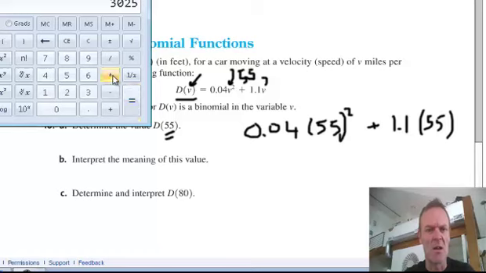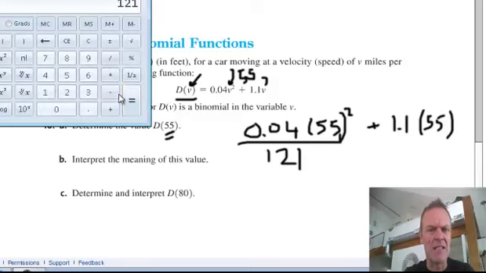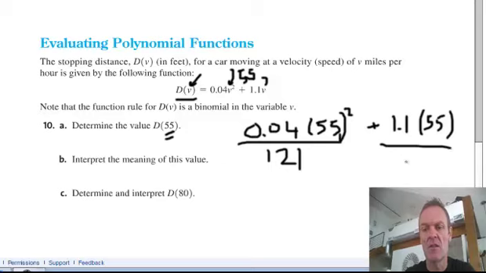Equals, that's what it is. Multiplied by 0.04 equals, you can write that down if you want to. Well, that's 121. The whole of that there was 121. If I want to clear that, you do bits and pieces, sometimes you're not sure how to put it into a calculator. 1.1 times 55 equals, that part here, is 60.5.